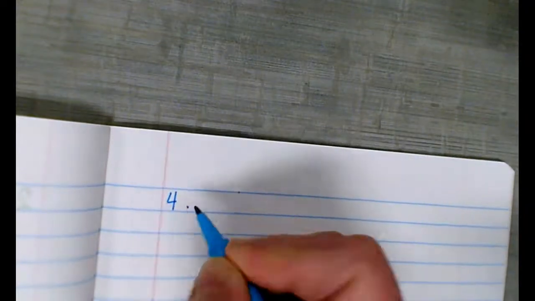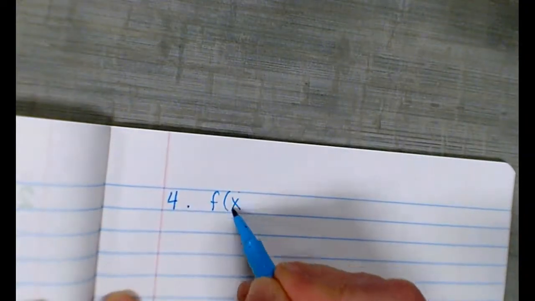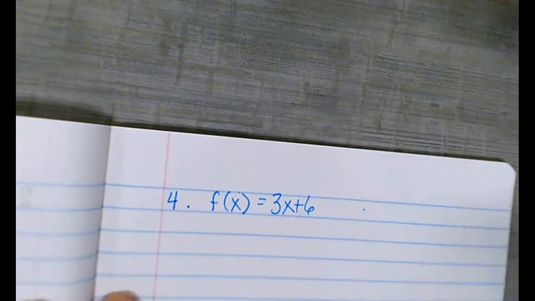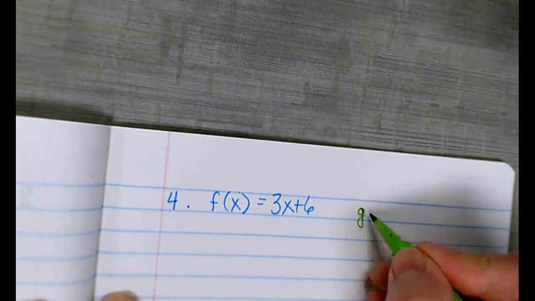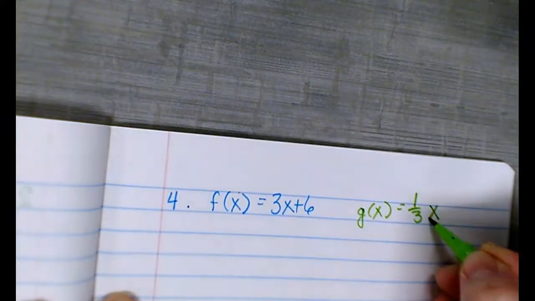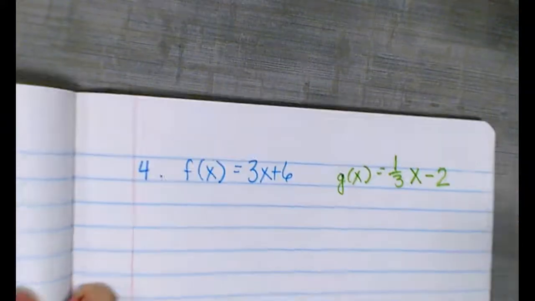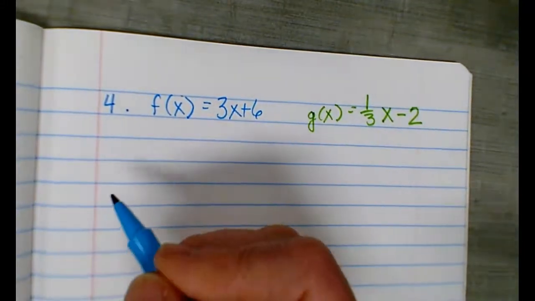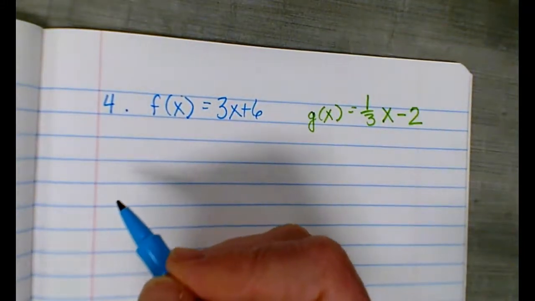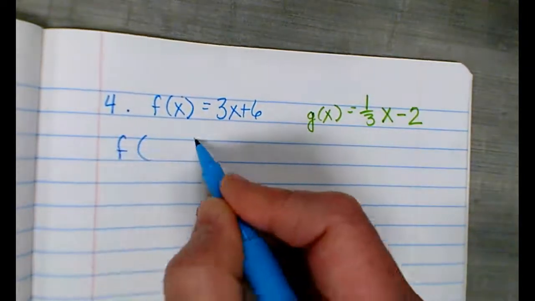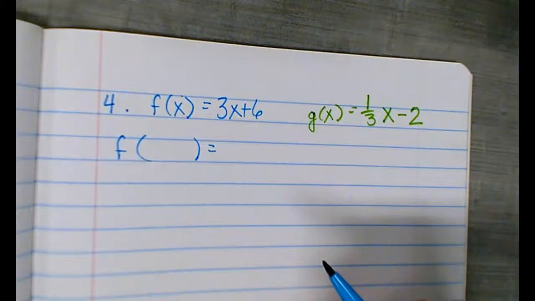Example number 4. f of x equals 3x plus 6. g of x equals 1/3 x minus 2. To prove they're an inverse, I use composites.